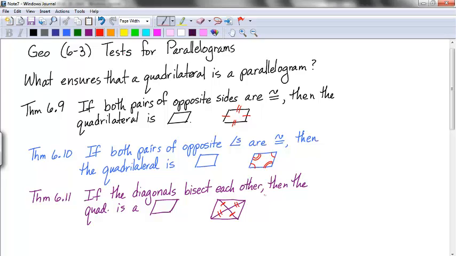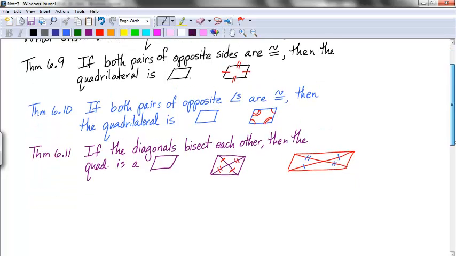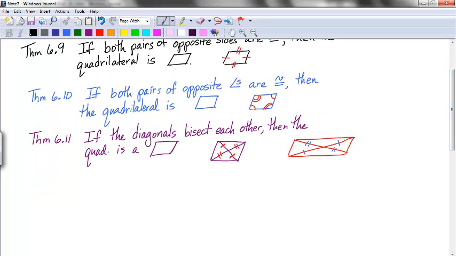Okay, they bisect each other. Okay, and you can change it like that too. I mean, you can change the length of those. This would be congruent to this, and this would be congruent to this. Okay, they bisect each other. Then it is a parallelogram.